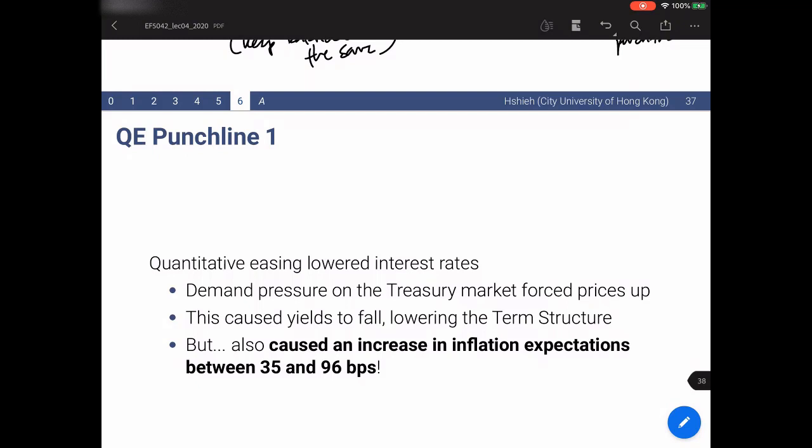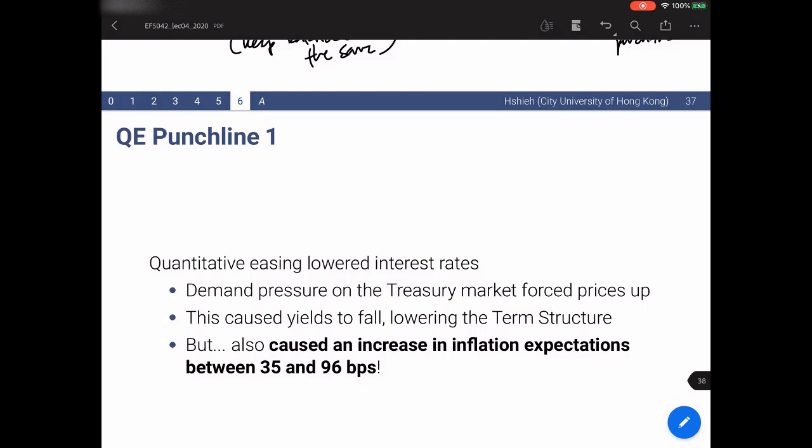But the question you should be asking is: is QE beneficial from the perspective of households, right? Because that's what we care about at the moment, as students and as people who are not yet engaged in corporate finance in the industry.